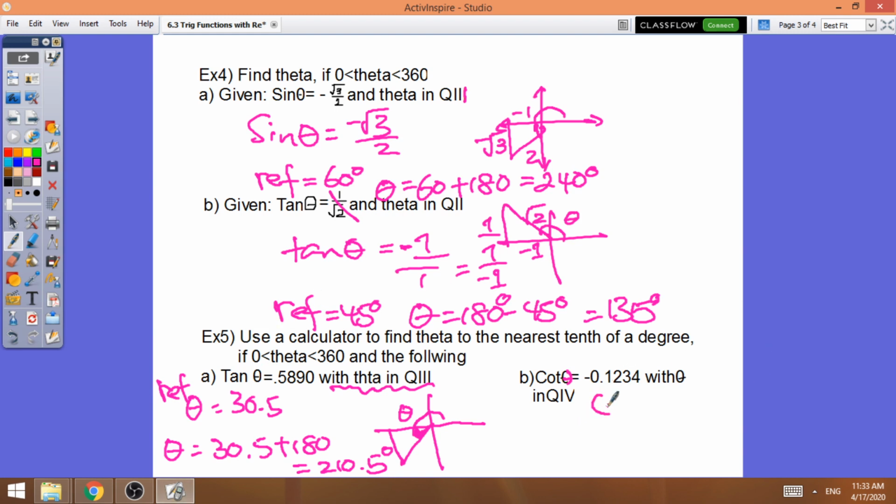So it's cotangent inverse of this number. Well, that's just the normal way to write it. But the way you want to put it into the calculator is inverse of tangent of 1 over negative 0.1234, because tangent is the reciprocal of cotangent. That's why we need to take the ratio in reciprocal form.